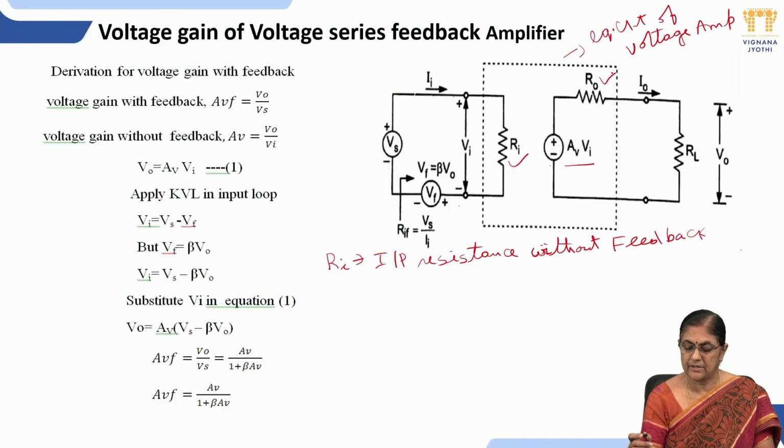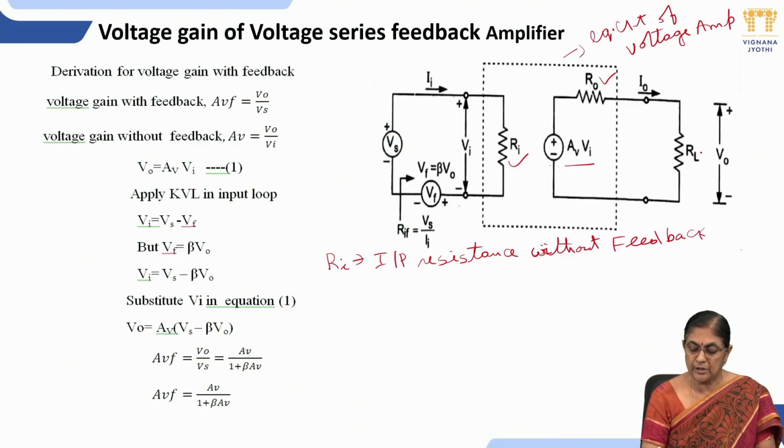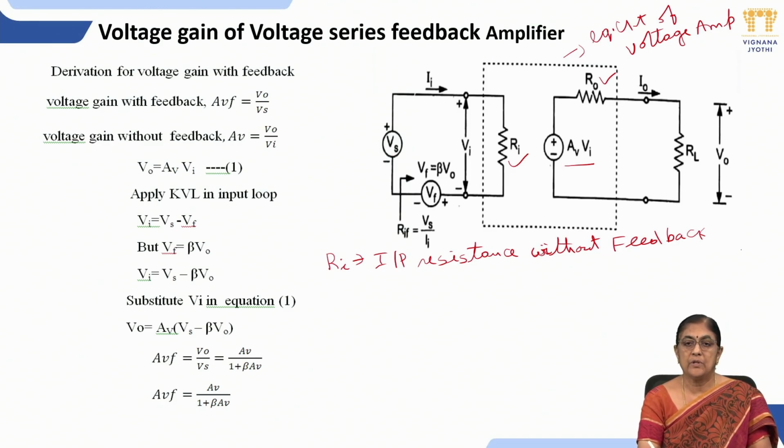So the circuit represented in these dotted lines is equivalent circuit of the voltage amplifier, and then connect load resistance RL between the output terminals. Coming to input terminals, output of the feedback network is VF, that can be represented with some voltage, that is VF, and then connect VS. Okay, so this is the complete equivalent circuit of voltage series feedback amplifier.